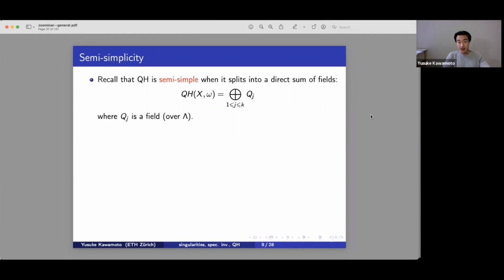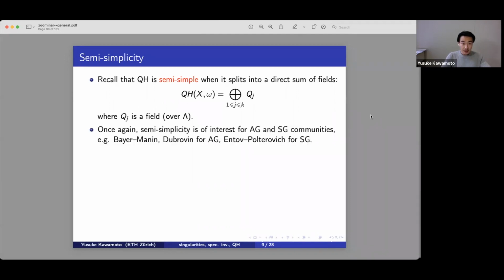So now you have finitely many fields Q_j, which build the quantum cohomology ring. This specific algebraic structure of the quantum cohomology ring has been of interest in both communities, AG and SG.